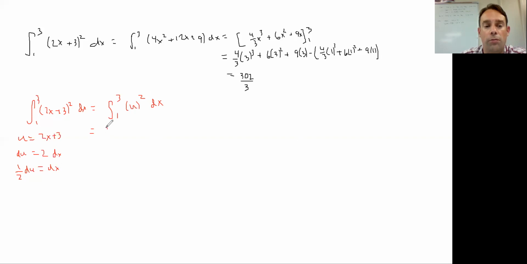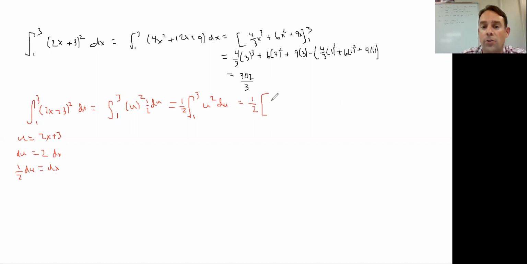So you would go through there and you'd say, all right, well, oops, I forgot my 1/2 there, didn't I? Sorry about that, guys. So 1/2, 1/3 u cubed. Oh my goodness, I have another mistake in there too, don't I? u squared du. And you would end up coming back and you say, all right, well, I got my 1/2.